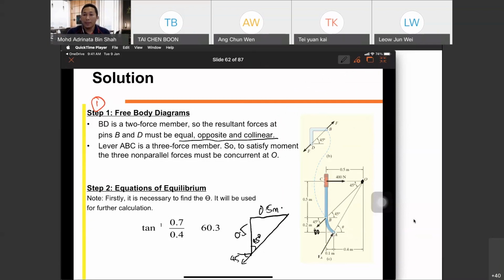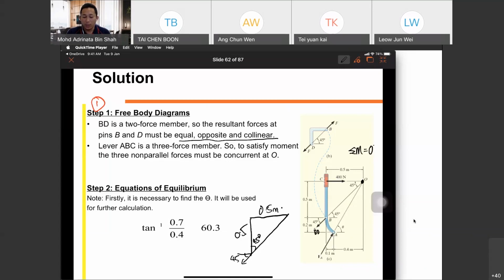Because it is in equilibrium, so you must have moment equals to 0. One point to intersect will give moment equals to 0. As simple as that.